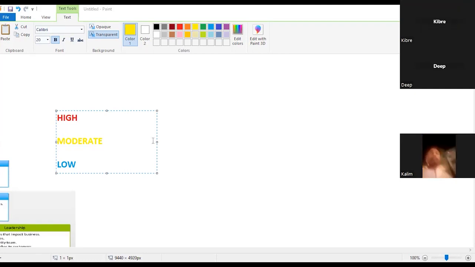So based on these three vectors, we are going to find this risk. We are going to do some mathematical equations to analyze the risk and differentiate.